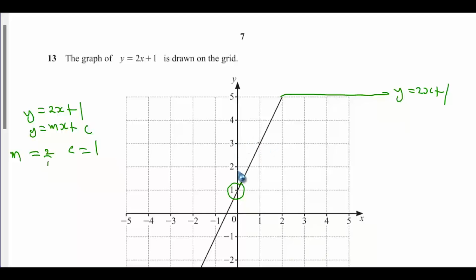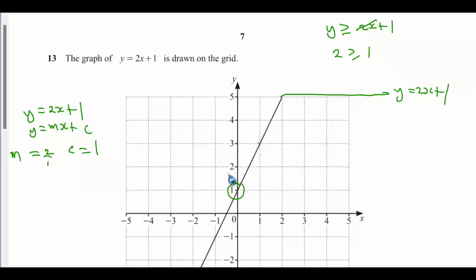Let's pick a point here where x equals 0 and y equals 2. Let's see if it's going to meet this inequality, that is y is greater than or equal to 2x plus 1. If you pick this point, x equals 0, y equals 2, so this will be 0 and y will be equal to 2, which is greater than 1.